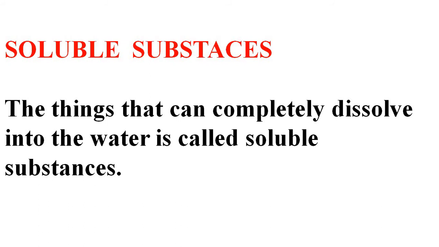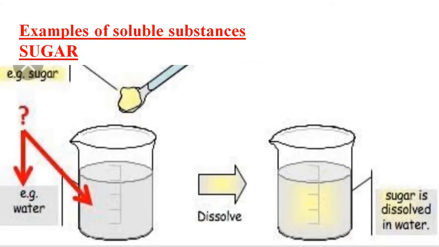Soluble substances: the things that can completely dissolve into the water are called soluble substances. We can understand about soluble substances by this experiment. Take a glass of water, a spoon and some amount of sugar.